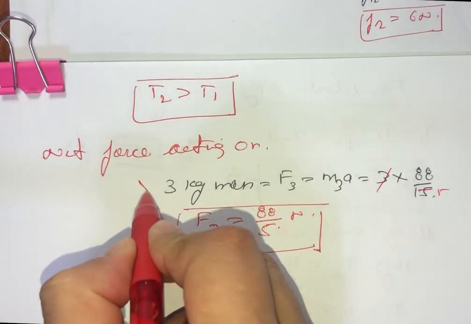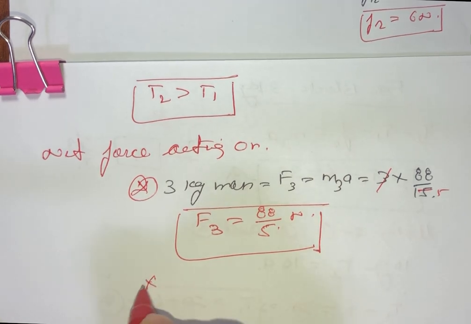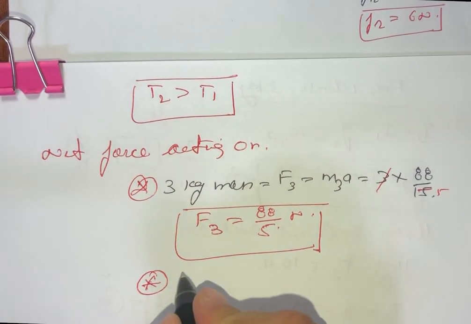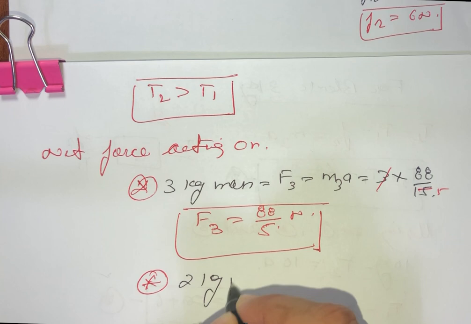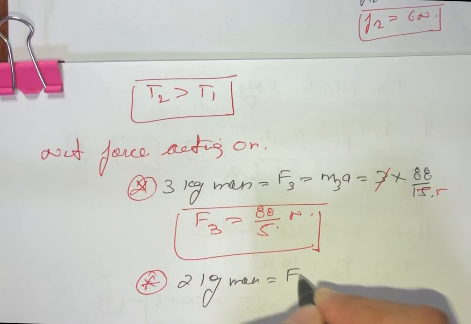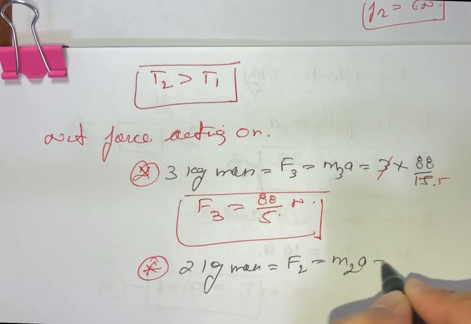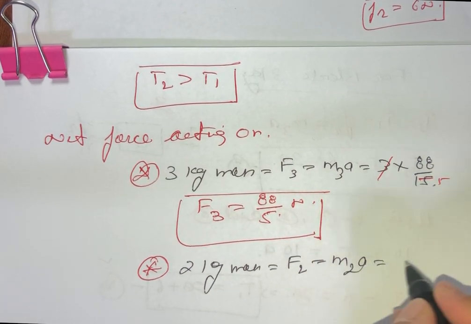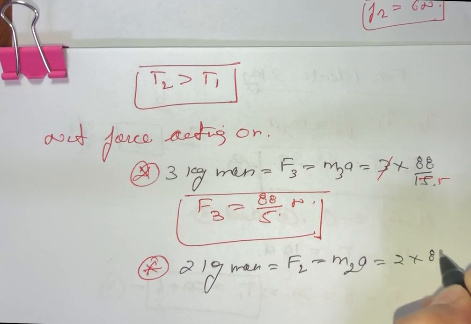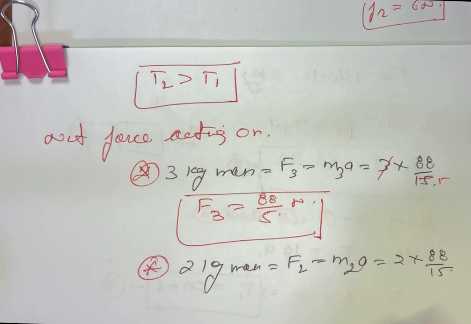And for the 2 kg mass, let us call that F2, which will be equal to M2 into a, and this will be 2 multiplied by 88 divided by 15.